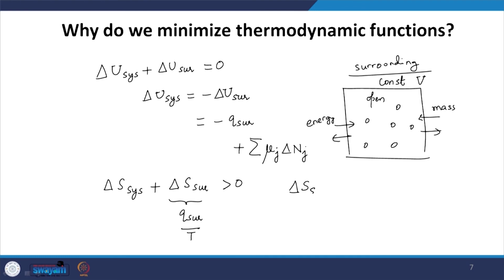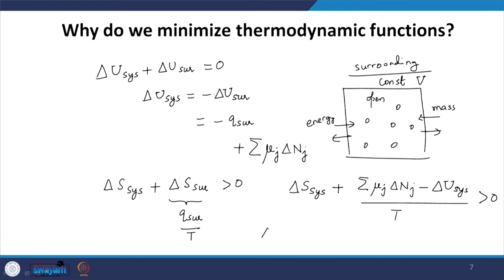So, you have delta S system plus mu j delta n j minus delta U system divided by T, that should be greater than 0.